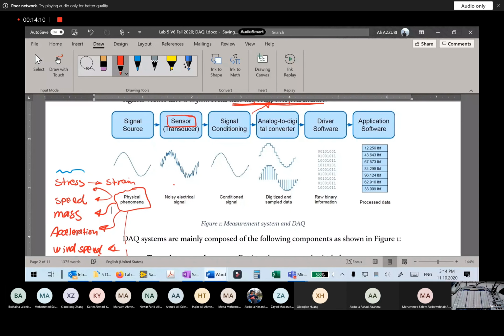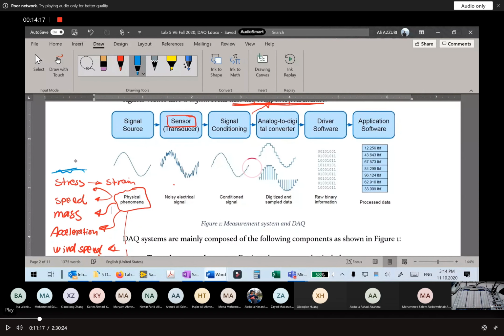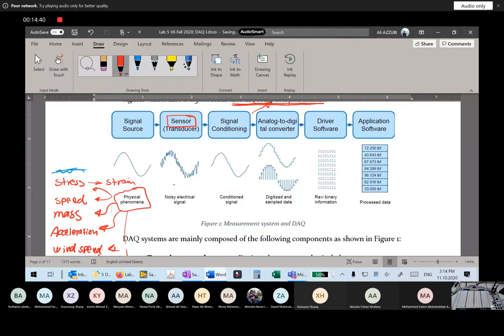So the sensor simply converts the physical variable that you have on this side into an electrical signal.